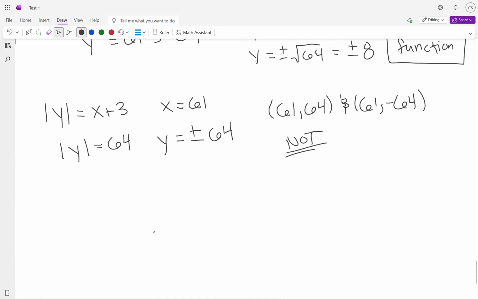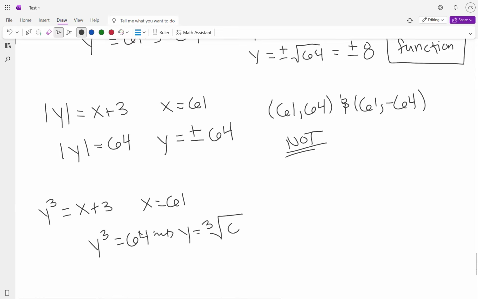And then the last example, if I have y cubed equals x plus 3, and I plug in x equals 61, I get y cubed equals 64, which gives me y equals the cube root of 64. We don't have a plus or minus when we do the cube root.